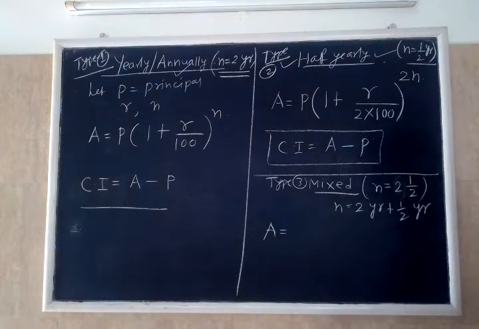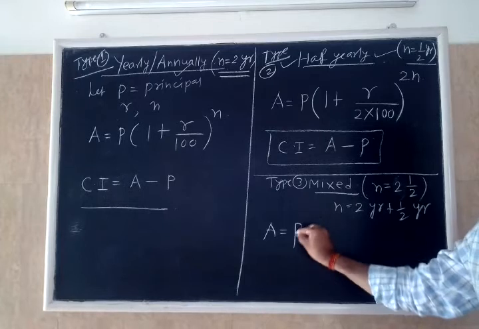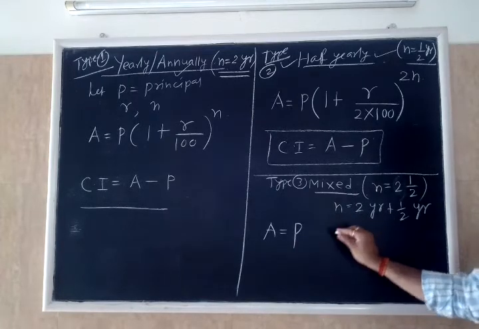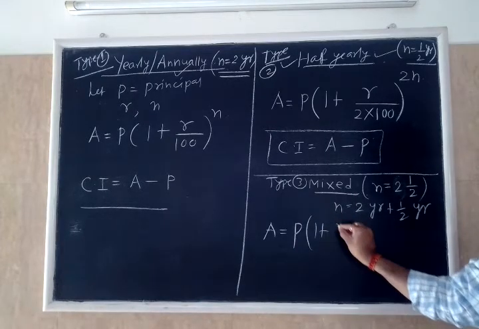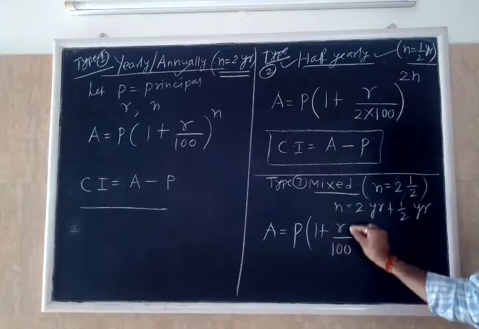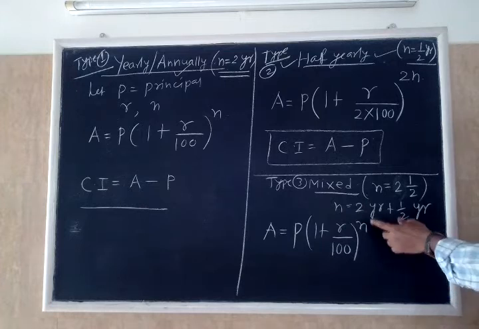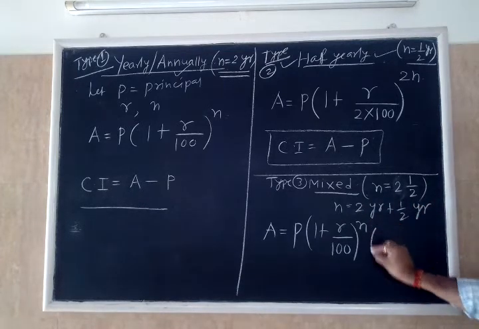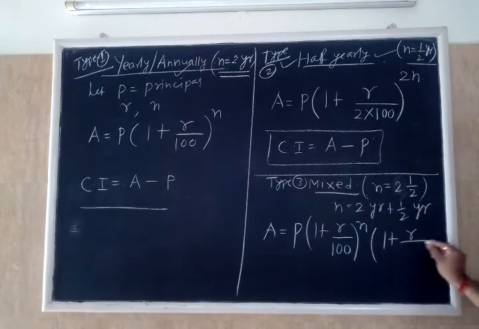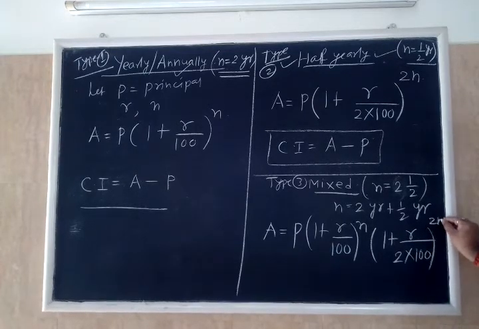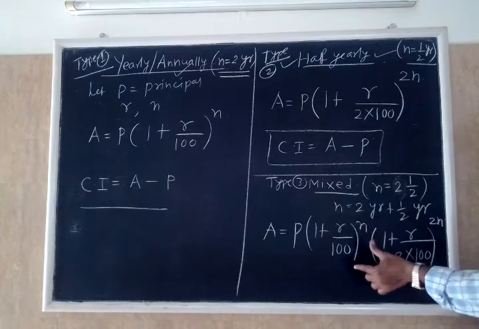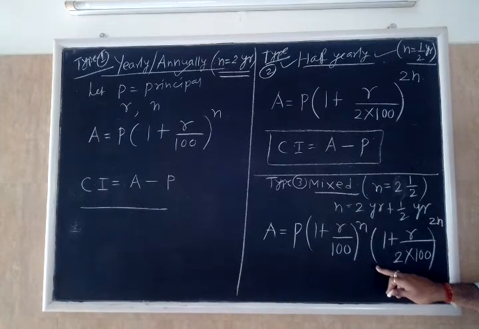Same formula I will use. First I will use yearly for 2 years: 1 plus R upon 100 raised to n. Then again for half yearly I will use the formula 1 plus R upon 2 into 100 raised to 2n. So whenever it is mixed, the formula will change.